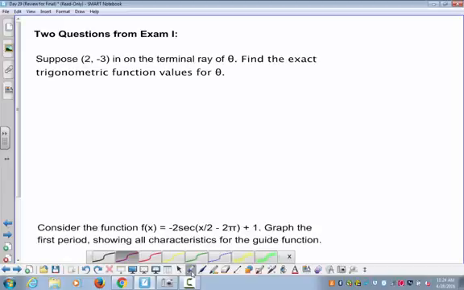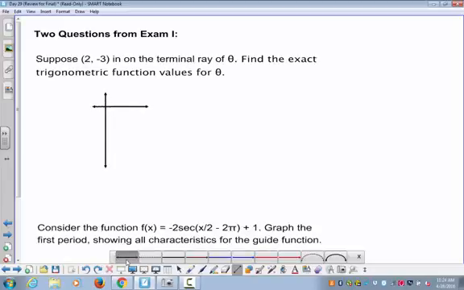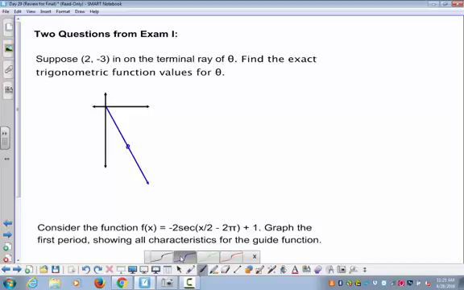All right, so this is a good type of question to make sure you're clear on in exam 1. Common type of question, finding the trig function values given a point on the terminal ray. So it says find the exact trig function values. And let's see how you do it. So I'll just plot the point first and then tell us where to go.